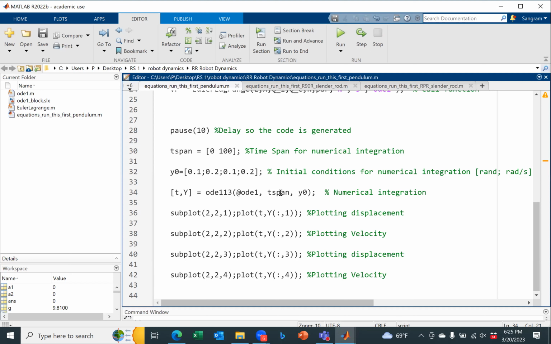Let me take the second problem. Any questions here? A question was asked about shifting the frame and how it would affect the value of the mass. The mass will not be affected, because at the end of the day, even if you shift the frame, what you are interested in finding is the distance of the mass from the inertial frame.